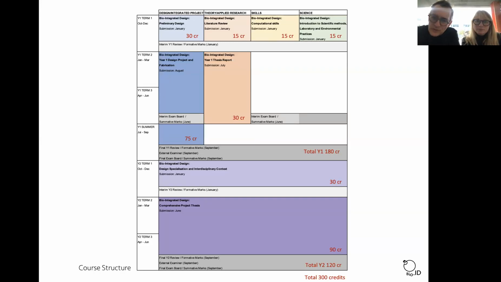In term 2 and 3 into the summer, we have 2 modules in the first year. The main module, which is 75 credits, is the main project module, which is basically continuation of design. There's a synthesis of many of these previous learnings that students integrate. It's collaboratively developed, this project, in all these months.